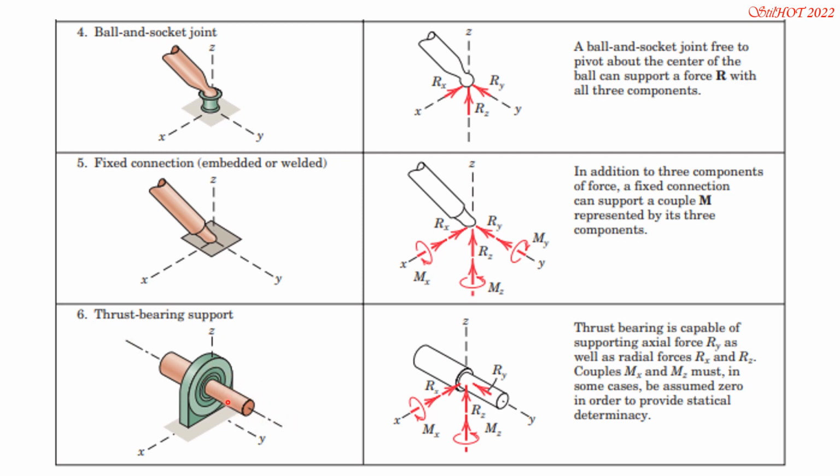It's free to rotate because this is a rod that can rotate about this axis here. So all in all, we have three forces and two couples. So the thrust bearing is capable of supporting axial force Ry as well as radial forces Rx and Rz. Couples Mx and Mz must in some cases be assumed zero in order to provide statical determinacy.